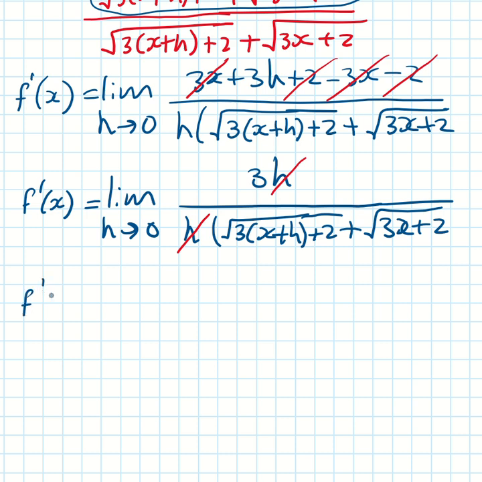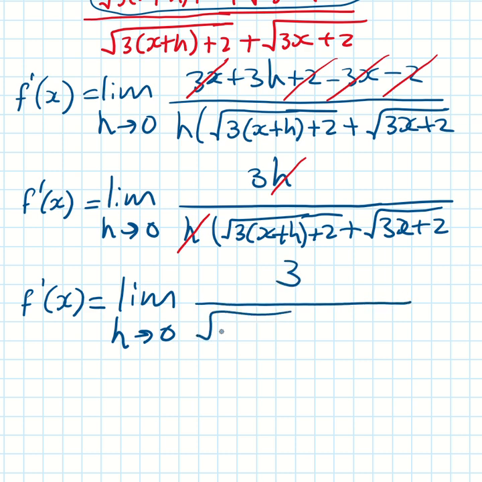So f dash x is the limit as h approaches 0, and in the numerator what's left is 3. In the denominator what's left is the square root of 3(x plus h) plus 2, plus the square root of 3x plus 2.